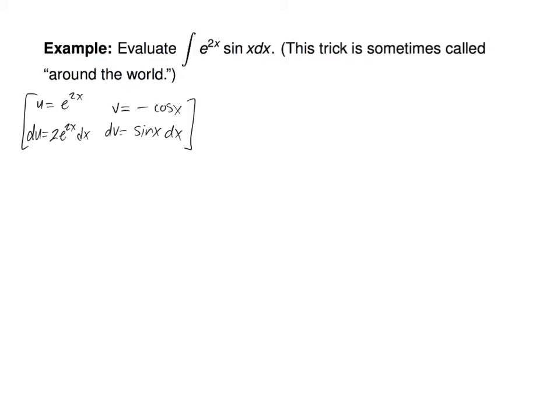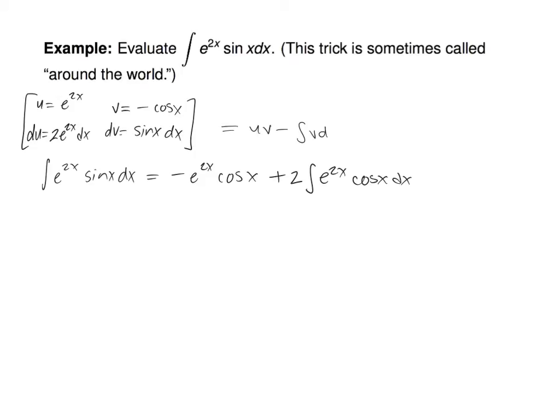So I've got the original integral of e to the 2x sine x dx is equal to uv, minus e to the 2x cosine x. So uv minus integral v du, so I'm going to say plus 2 integral e to the 2x cosine x dx.